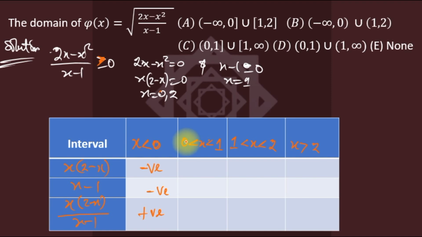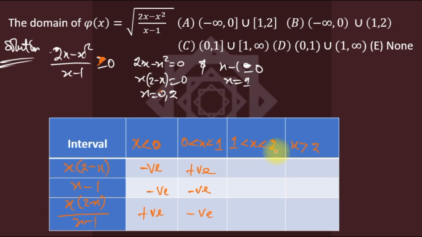Let's take numbers between 0 and 1, like 0.5. 0.5 is positive, and 2 minus 0.5 is positive. Positive times positive is positive. The denominator, 0.5 minus 1, will be negative. So positive divided by negative gives us negative.